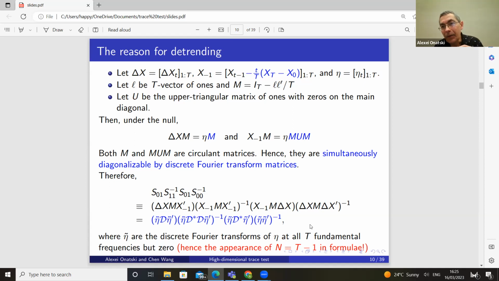Although there are T fundamental frequencies, frequency 0 will not play any role because I'm demeaning stuff. So in all future formulas, instead of t, I will be using capital N, which is t minus 1. With this slide over, I can now relax a little bit because this is the most technical slide. And the point again was that I need this demeaning to be able to simultaneously diagonalize things.